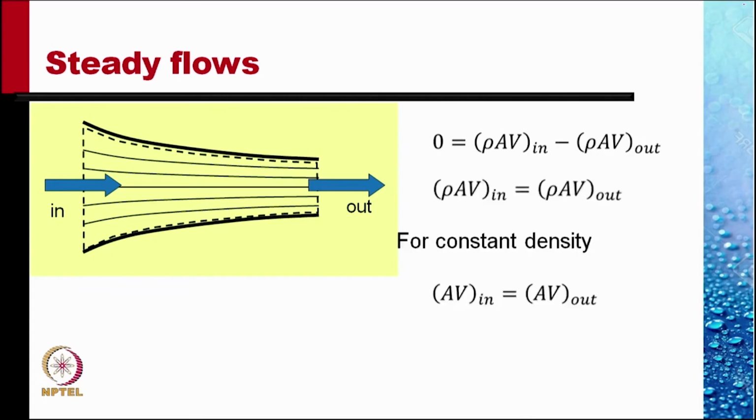For constant density, when the density of the fluid does not change, rho in is the same as rho out. So, AV in is equal to AV out. A is the area of the channel at the inlet, V is the velocity at the inlet, and similarly A out is the area of the channel at the outlet, and V out is the velocity at the outlet.